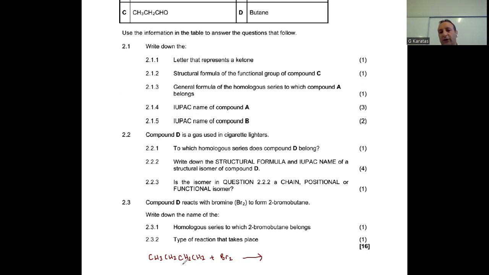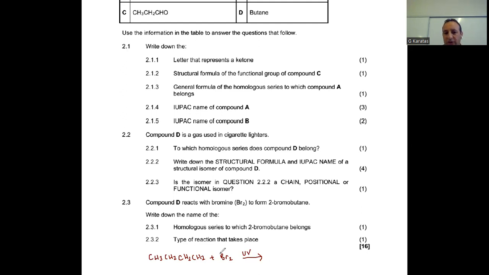We will learn this later on, but now I can mention that alkanes, as they are saturated, are relatively inert. They do not easily react with anything else. To react with a halogen, we need light or heat. So here we need UV light.